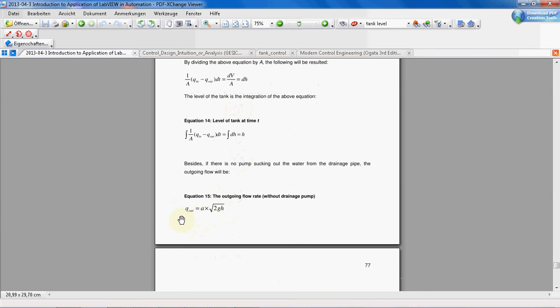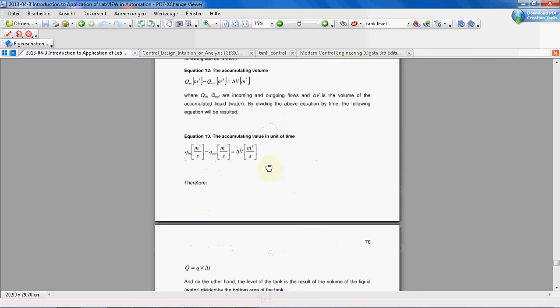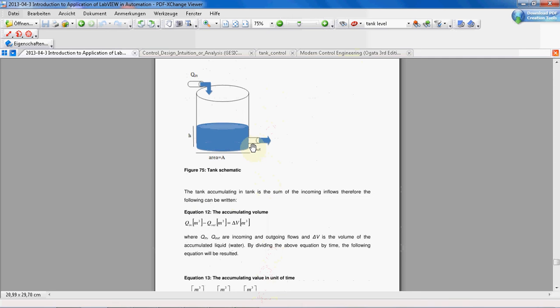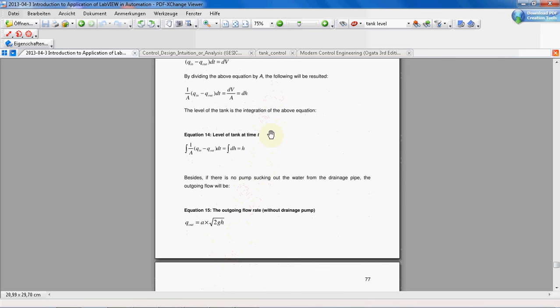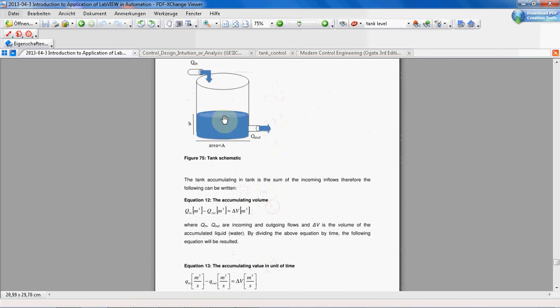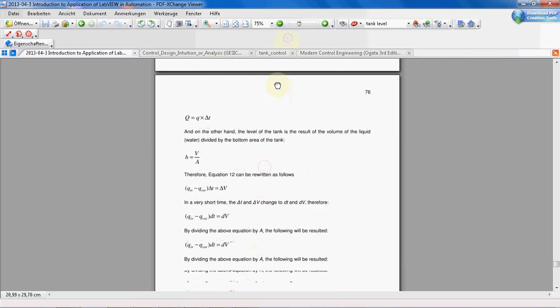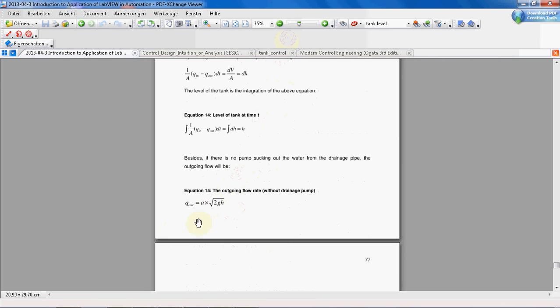Actually, Q out is A, where A is the area of this pipe, and the square root of 2gh is the velocity of the outgoing water. Then Q out is equal to A times the square root of 2 times gh.